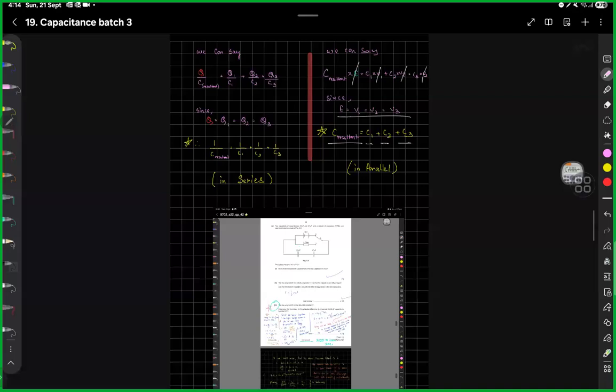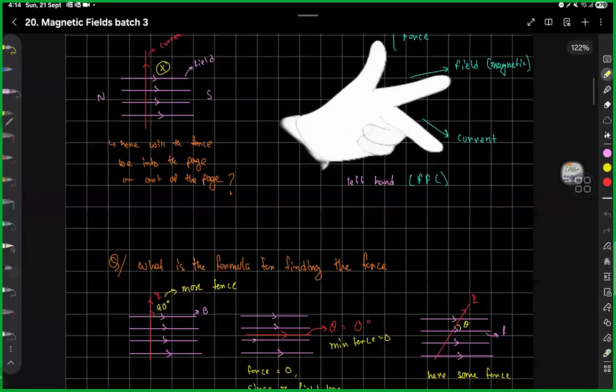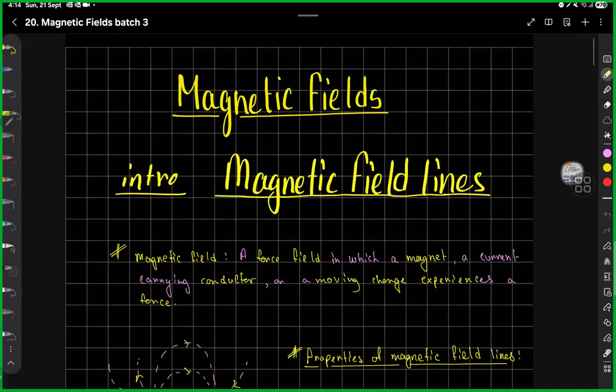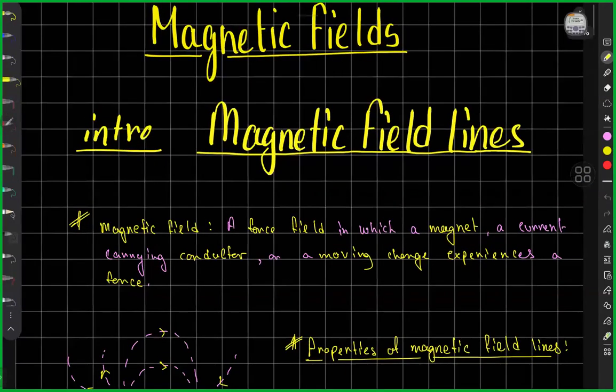Okay, that's done. Next, we want to look at magnetic fields. This is really long. Actually, it won't be done in one class. Not long. But we'll see how much we can put into one class. Yeah, 15 minutes.